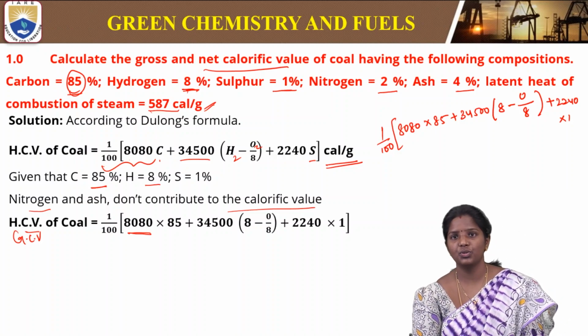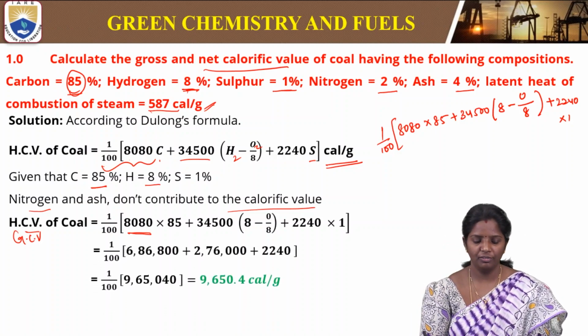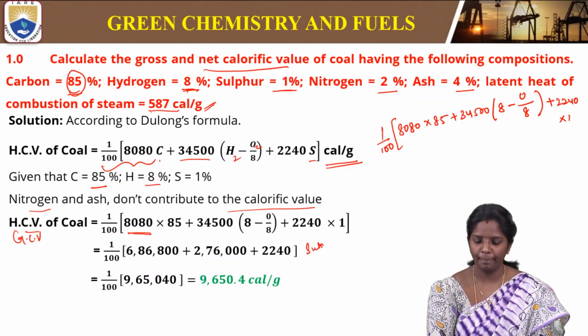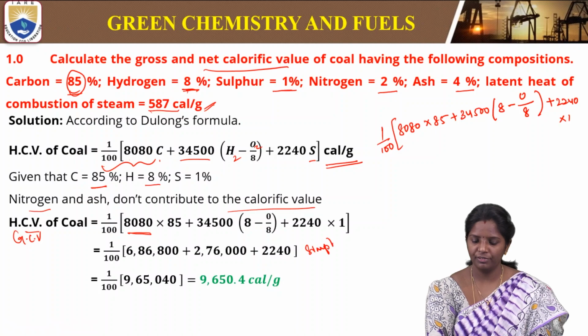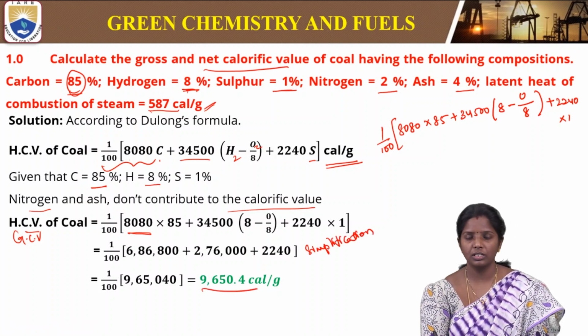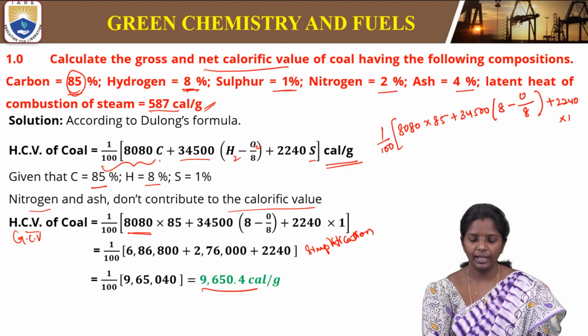We substitute the values in this formula and, after simplification, we get 9650.4 calories per gram.